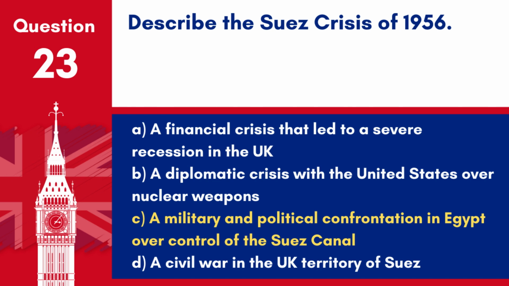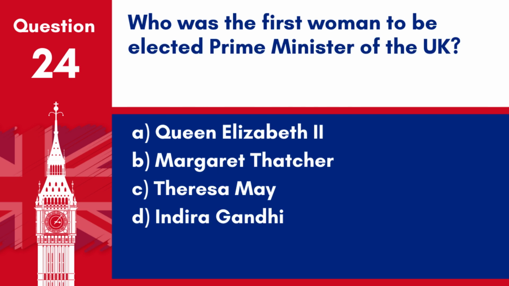The Suez Crisis was a pivotal event in post-war British history, marking the decline of Britain's imperial power. Question 24. Who was the first woman to be elected Prime Minister of the UK? A. Queen Elizabeth II. B. Margaret Thatcher. C. Theresa May.